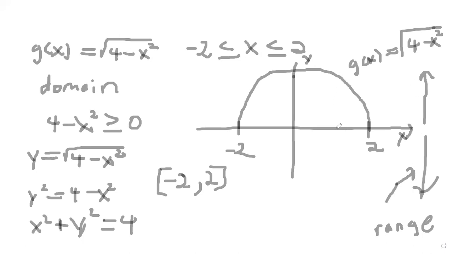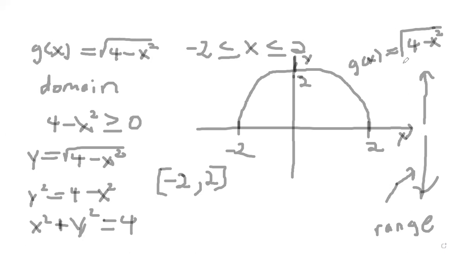Well, here's your highest value. I didn't put all the numbers in, but if you graph this on a graphing calculator or by hand, you can see that the maximum is 2.